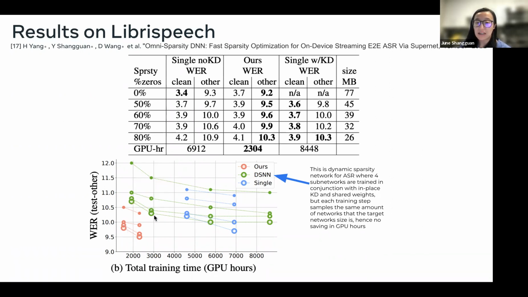For the dynamic sparse neural network, because you're training each model individually, you don't save any GPU hours. Same with the singly trained model. But what's more exciting is that for our model, the training GPU hours do not scale with the number of models you generate. However, the other 2 methods increase their training time if you need more models at different sizes.